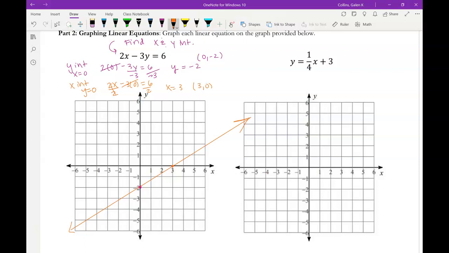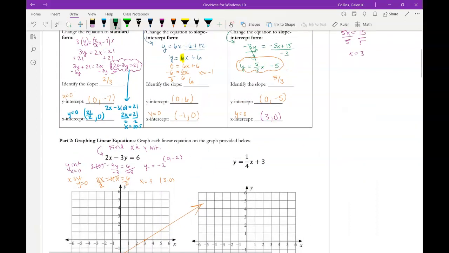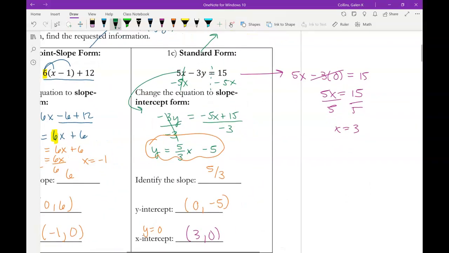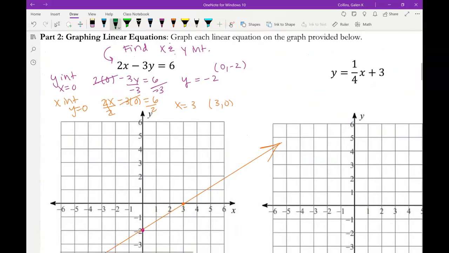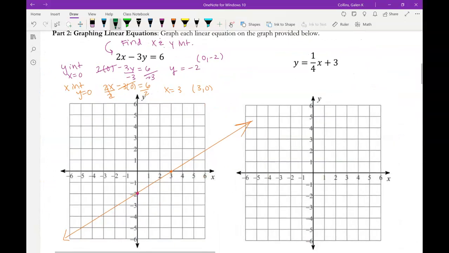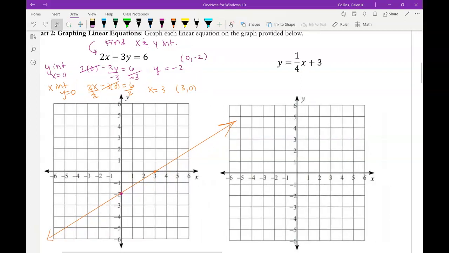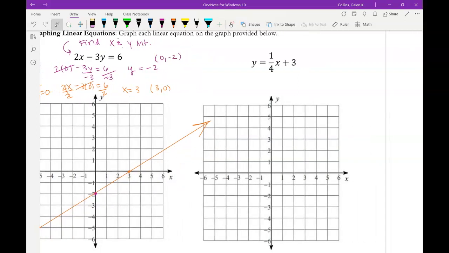Additionally, like the other method that you could have done if you hate finding the intercepts, you could isolate y, right? Like what we did up here, where we took an equation in standard form and rewrote it in slope-intercept form. You could do that and then use the slope and the y-intercept to graph. So that's your other option. And whichever is preferred, they both work.